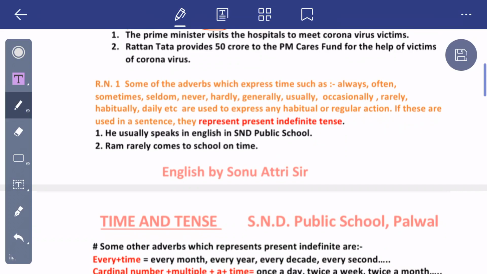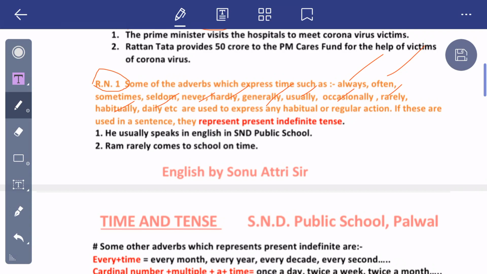Okay, so what does rule number 1 say regarding this concept? Rule number 1 says some of the adverbs which express time, such as always, often, sometimes, seldom, never, hardly, generally, usually, occasionally, rarely, habitually, daily, etc., are used to express any habitual or regular action.